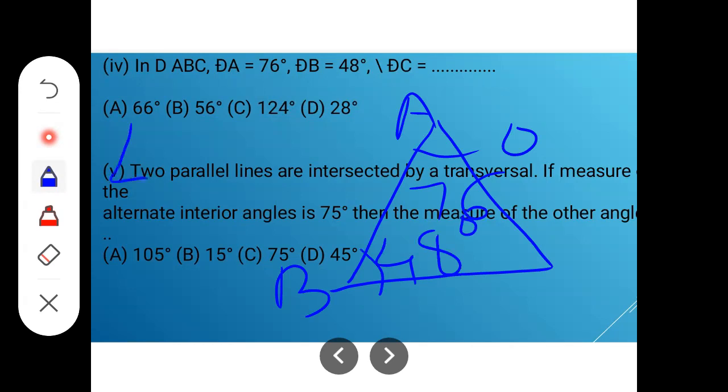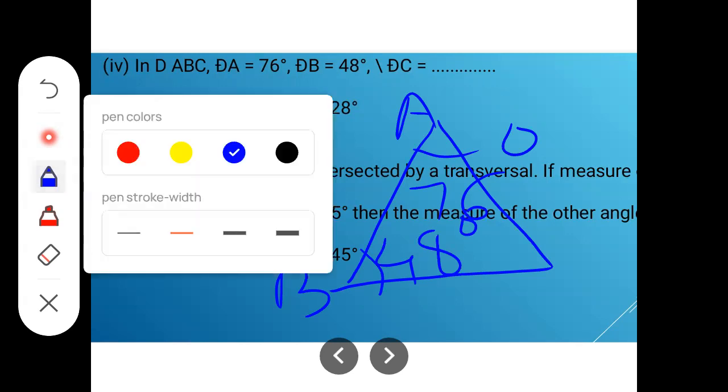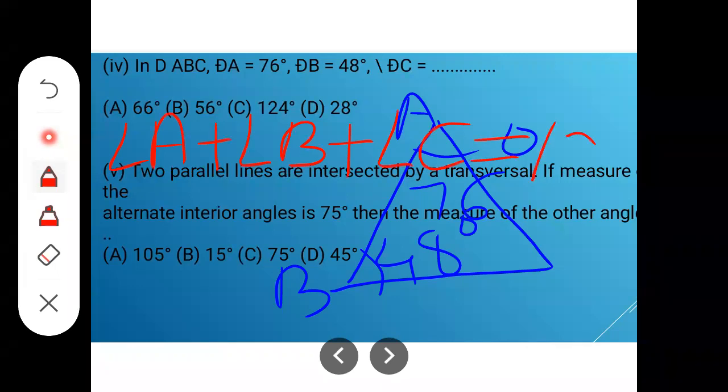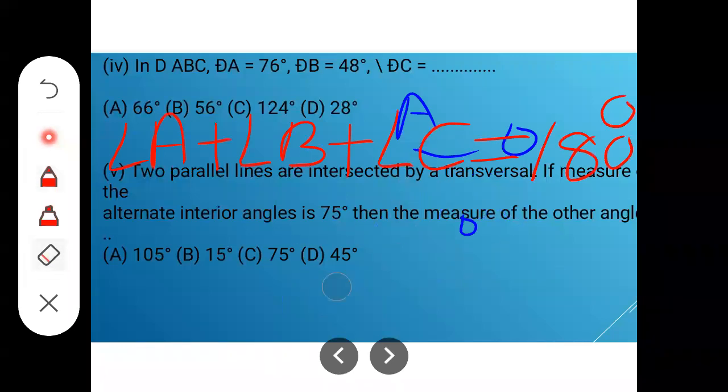Write the equation: angle A plus angle B plus angle C equal to 180 degrees, right? Now put the value A equal to 76 degrees plus B is given 48 degrees.